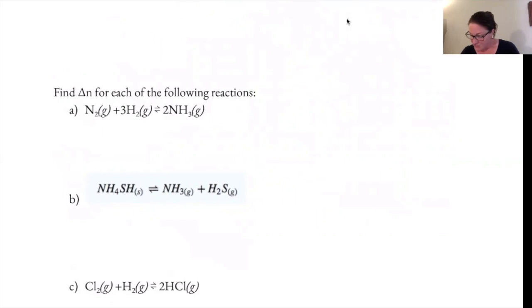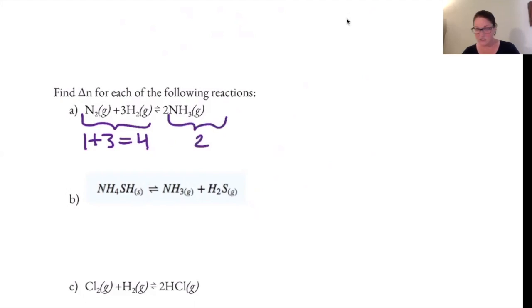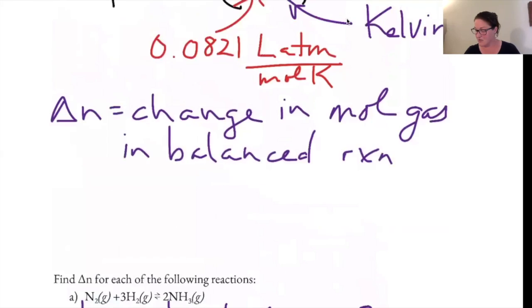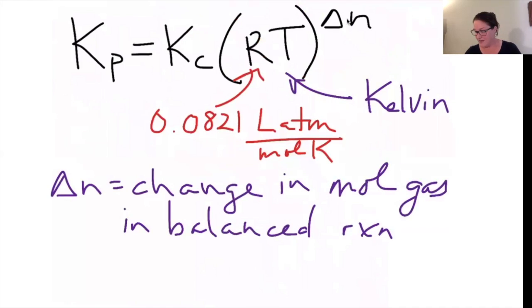For this reaction, on the left-hand side here, I have 1 plus 3, or 4 moles of gas. On the right, I have 2. From 4 to 2 is a decrease of 2, so we are given a reaction that has a delta N value of -2. Therefore, if I were using Kp to get to Kc or vice versa, I would be plugging in a -2 for this term.